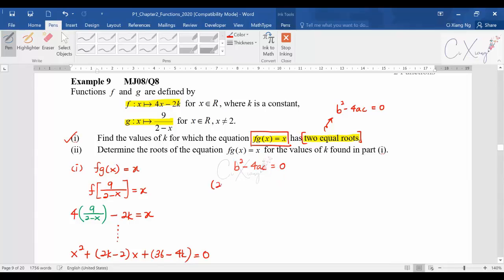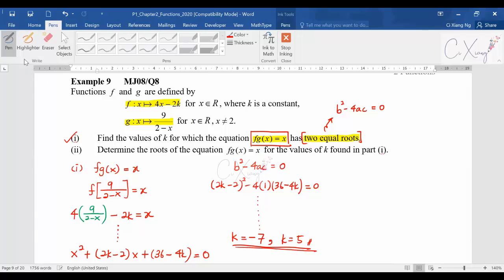So what is your b? 2k minus 2 squared minus 4ac. Alright, if you continue from here, you should get two values of k, which is k equals negative 7 and also k equals 5.